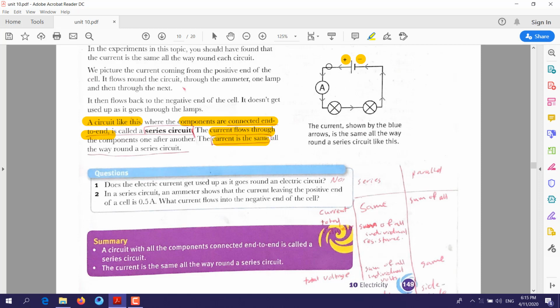If 0.5 ampere is leaving the positive end, it goes through the wires and then to the negative end. If here it's 0.5, how much will it be here? The answer: because it's a series electric circuit, the electric current will be the same. This is what they mean by the electric current in a series circuit. It's the same.